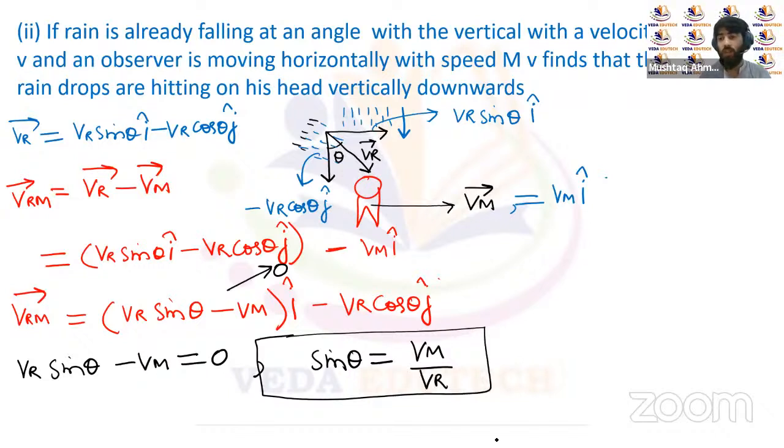The condition for this to happen is sine theta equal to Vm upon Vr. This is the condition at which the moving man will observe the rain falling vertically downwards, but actually, with respect to the ground, the rain is falling at an angle of theta.